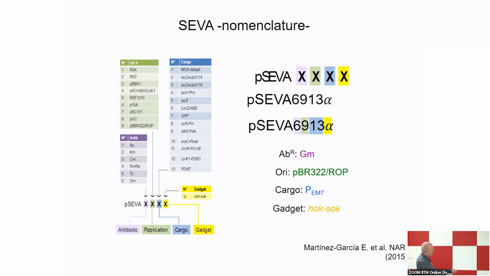The cargo is a promoter, and then the gadget, for instance, is a small sequence called HOXOC, that is a kind of trick that we use to stabilize plasmids in the absence of selection. So instead of having a kind of arbitrary name, if you have a number, that is 6913 alpha, you know instantly what is in that plasmid. Okay, so that's something that is quite good.